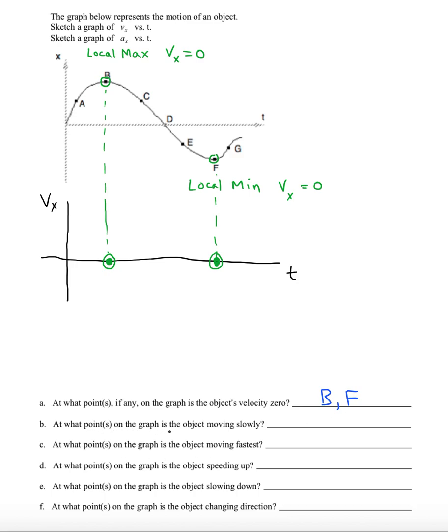At what points on the graph is the object moving slowly? Just as I had done before, we want to think about ourselves walking on the curve and see how steep it is, because the steepness of the curve tells us about the velocity. The more steep it is, the higher the speed.